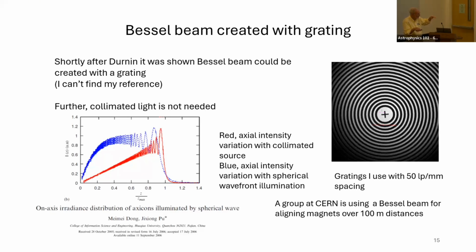This is if you illuminate with a point source or spherical wavefront. The graph is misleading because it's normalized. This Z max would be way out here somewhere if you illuminate with the point source. In fact, I'd say the people at CERN are lining up magnets on their accelerator hundreds of meters away using Bessel beams. And it's also less affected by atmospheric turbulence than just a laser beam.